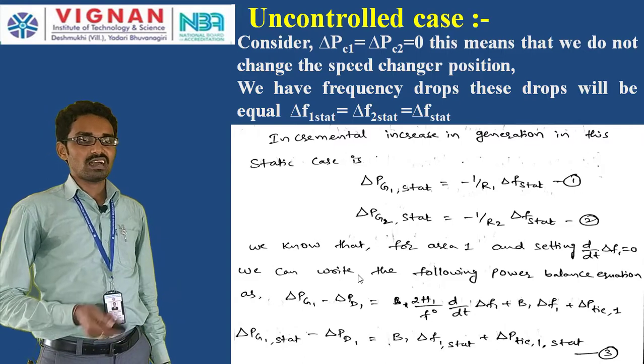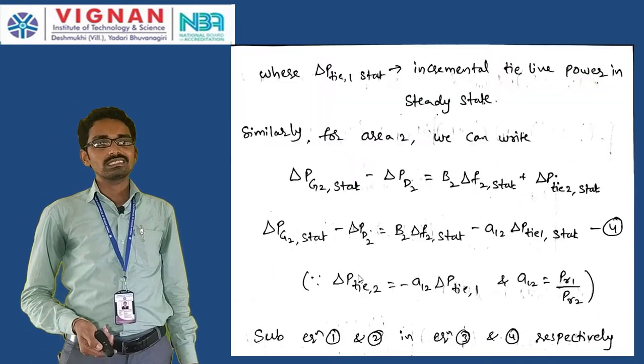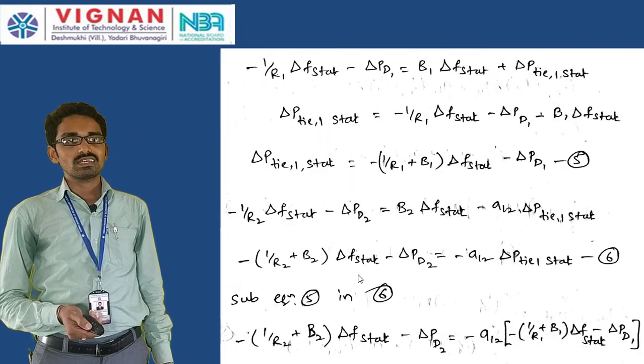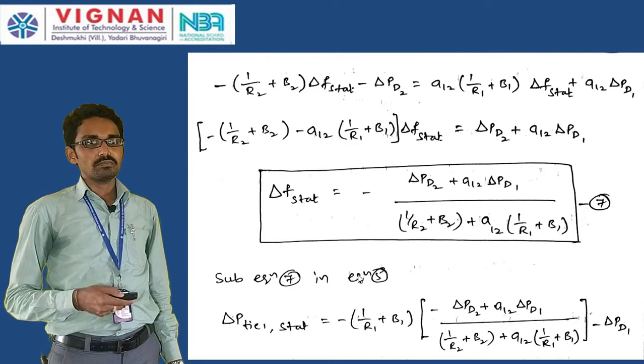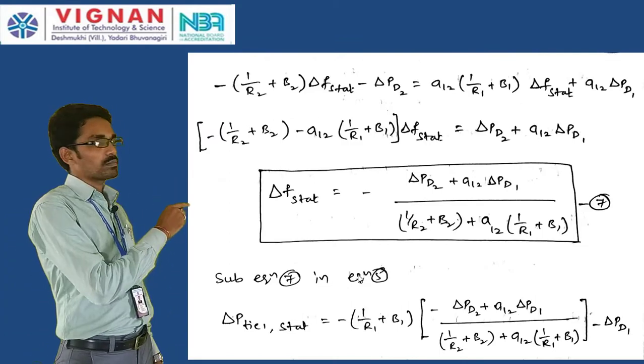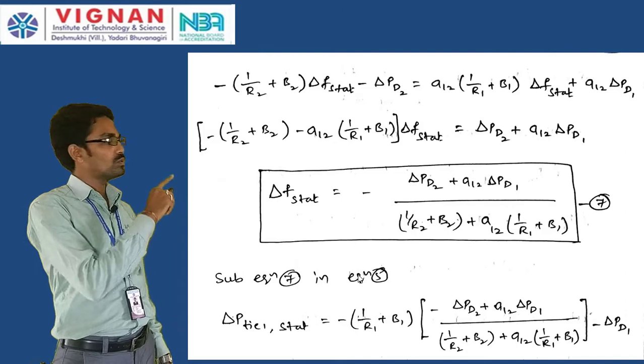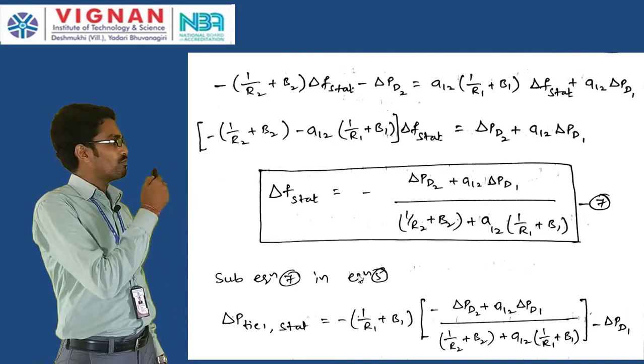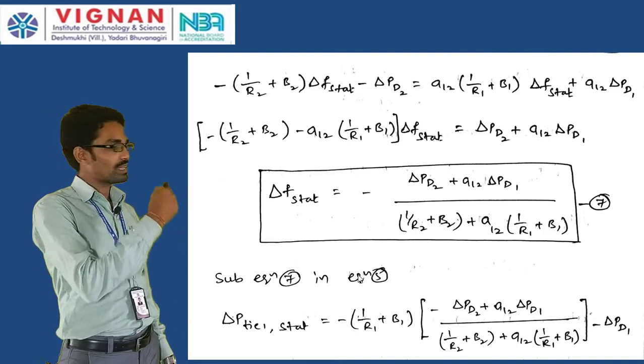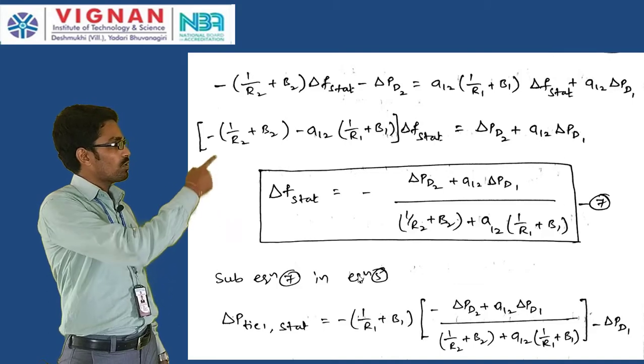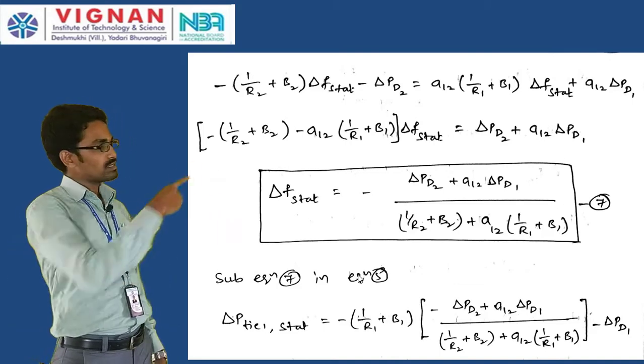In the uncontrolled case, we have calculated delta F static. Delta F static is equal to minus delta PD2 plus A12 delta PD1, divided by 1 by R2 plus B2 plus A12 into 1 by R1 plus B1.